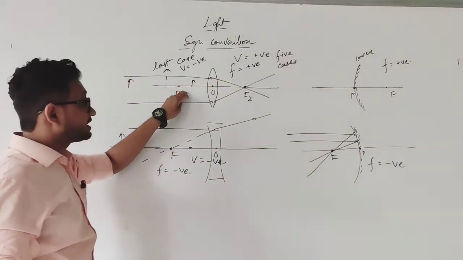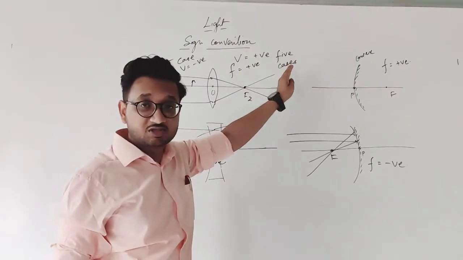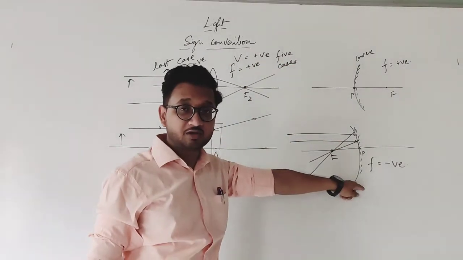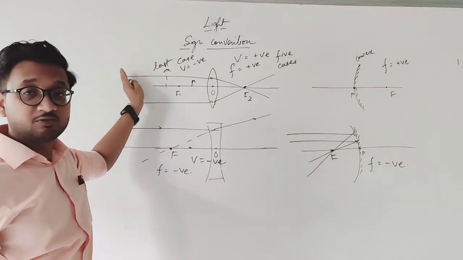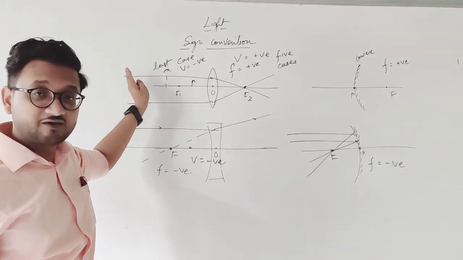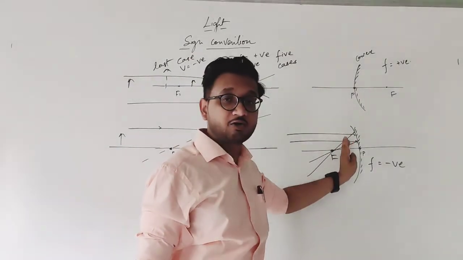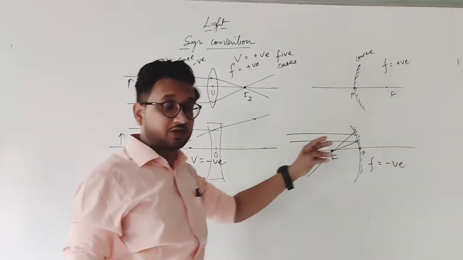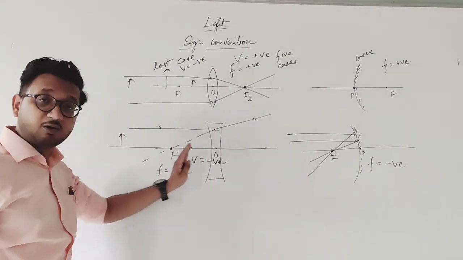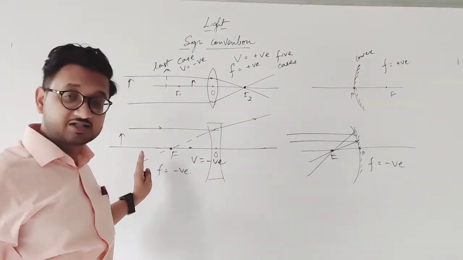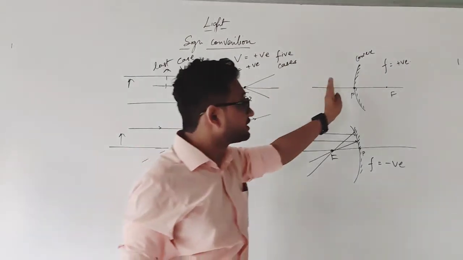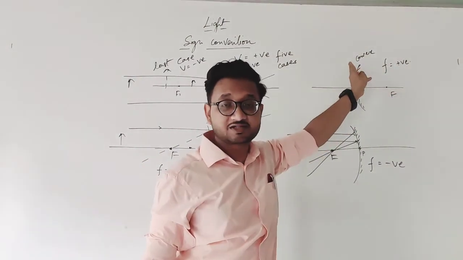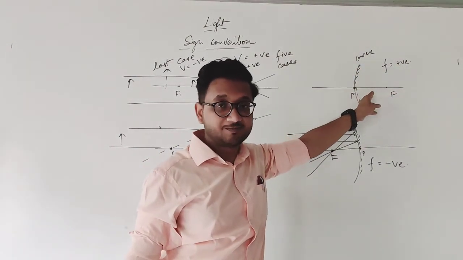For convex lenses, 5 cases are positive, just like the concave mirror, and 1 case is negative for image distance on the left hand side. In this one, all the cases are on the left hand side, that is concave lens, and all the cases on the right hand side, like convex mirror, are virtual.